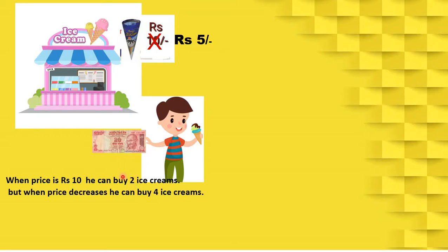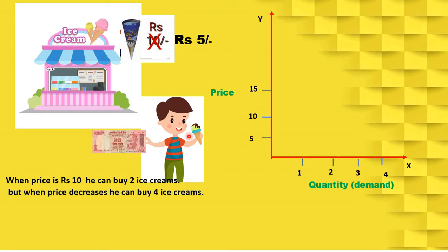Now here we have two quantities, the rupees, that means the price, and the quantity of ice cream. When there are two quantities, how can we relate them? So let us define this relation graphically, taking the number of ice creams on the x-axis and the price on the y-axis.